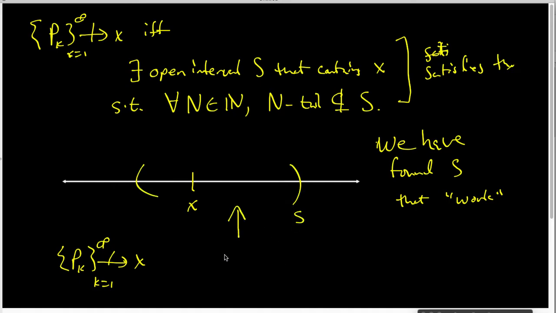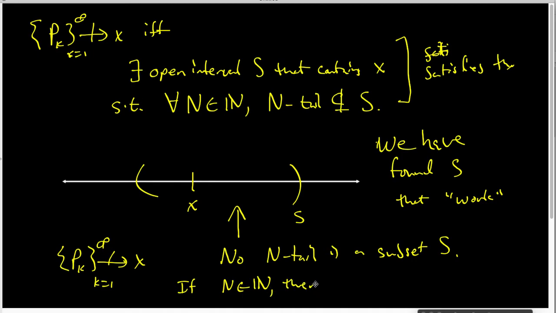Now I know that no N-tail is a subset of this particular S. What does that really mean? Well, that means that if I pick an N inside the natural numbers, then there is always going to be a little m bigger than that capital N, such that P_m is not inside my set S. So P_m has to be out here.